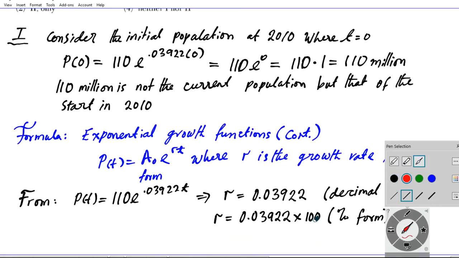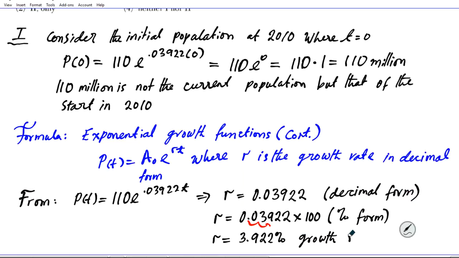It's as though you're taking the decimal point and moving it over 2 places to the right, 1, 2. So the growth rate in percentage format is 3.922%.